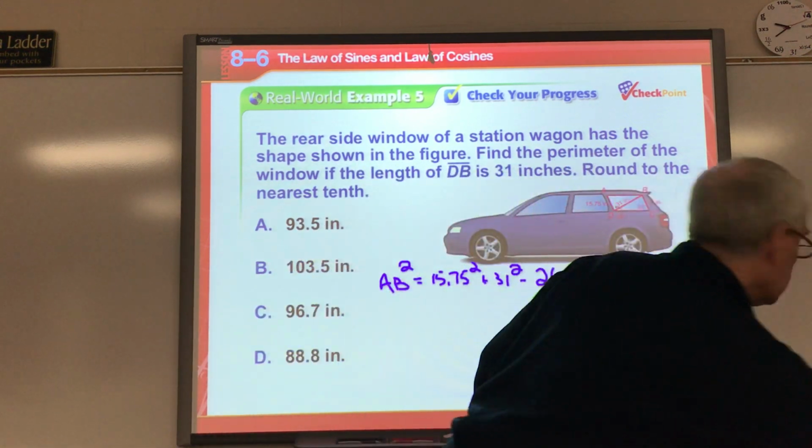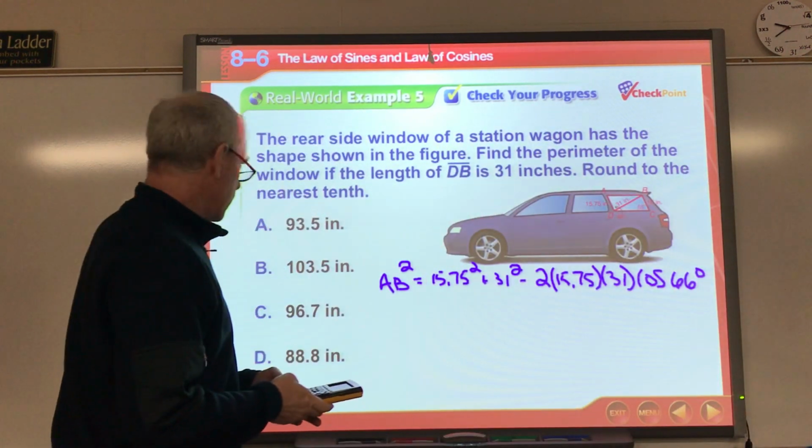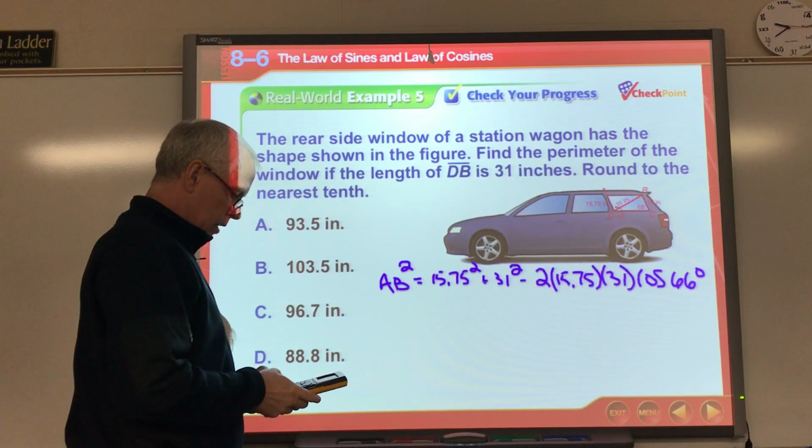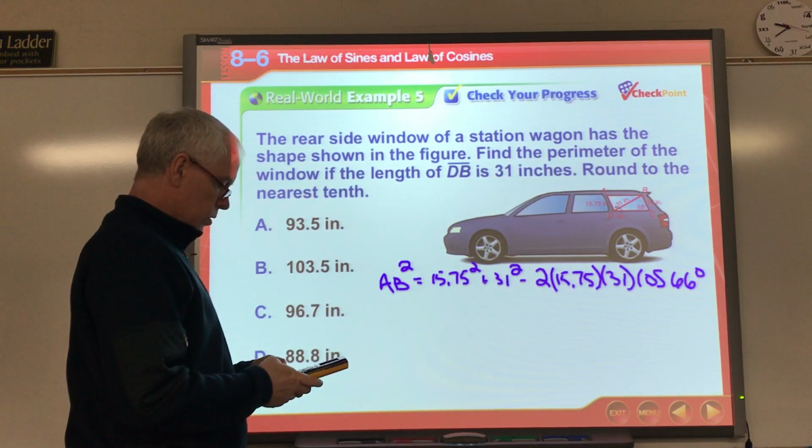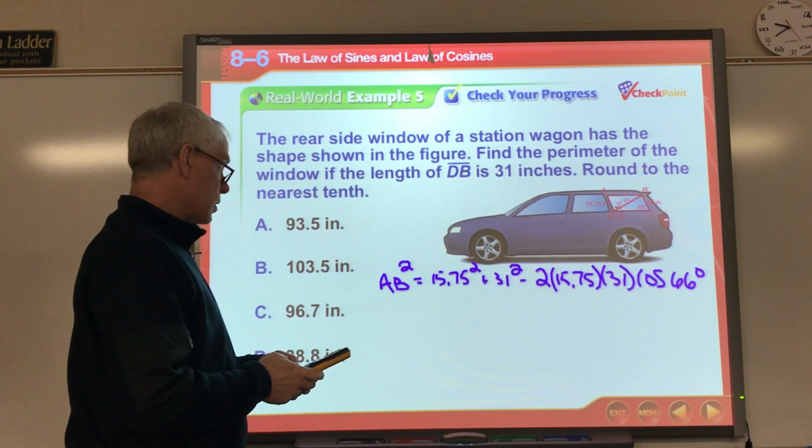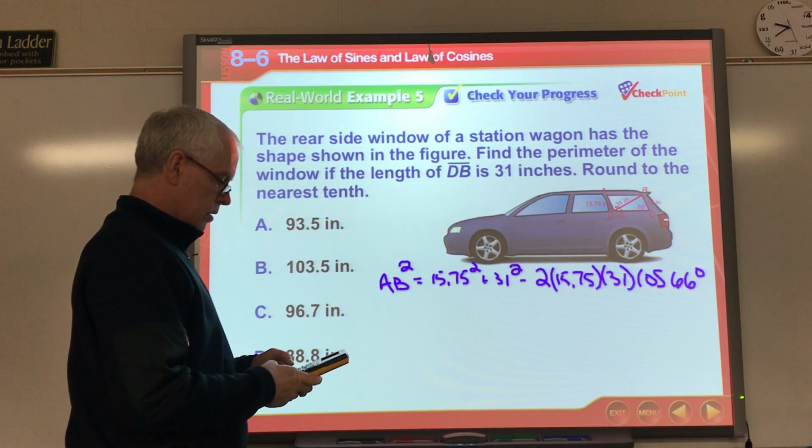Okay? So the whole right side of that is a number, so 15.75 squared plus 31 squared minus 2 times 15.75 times 31 times the cosine of 66 degrees.